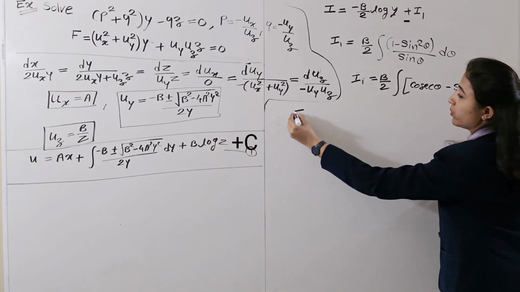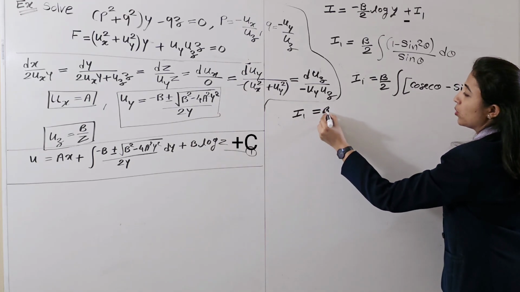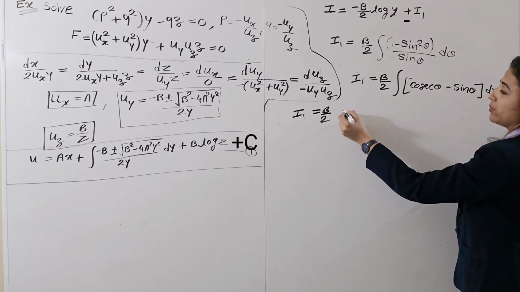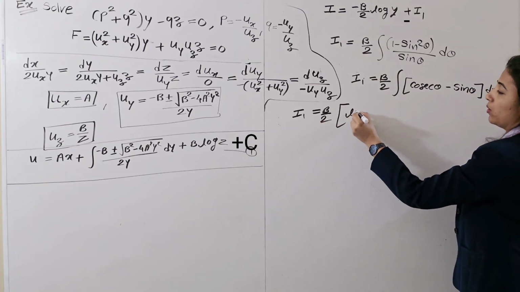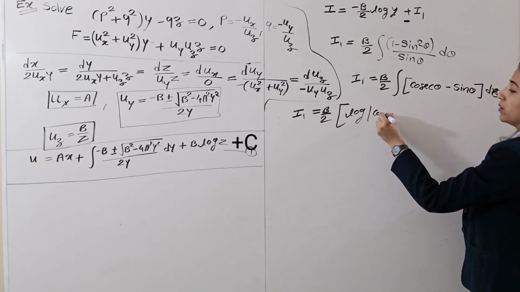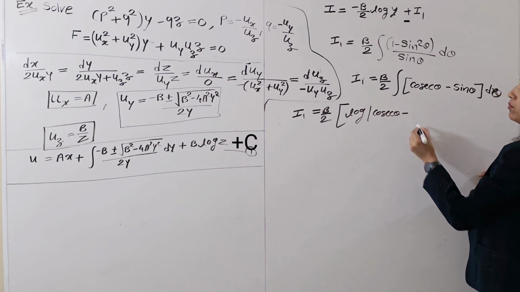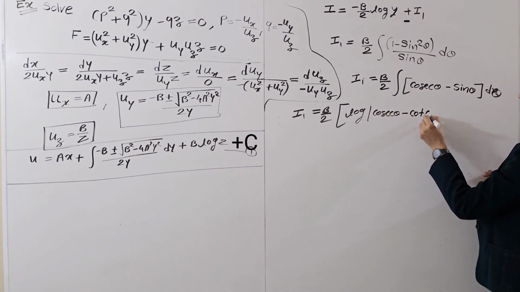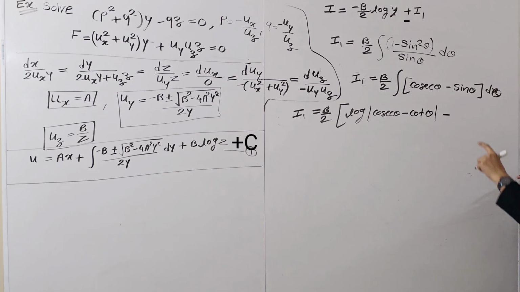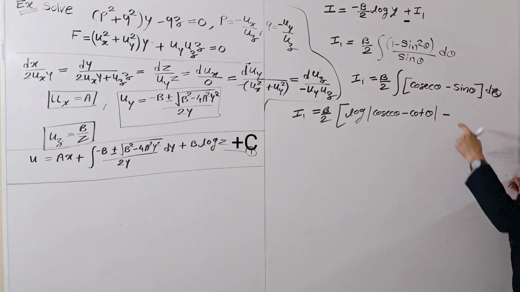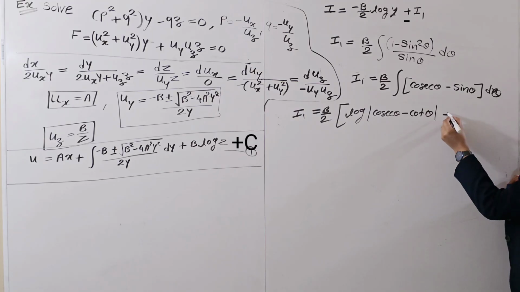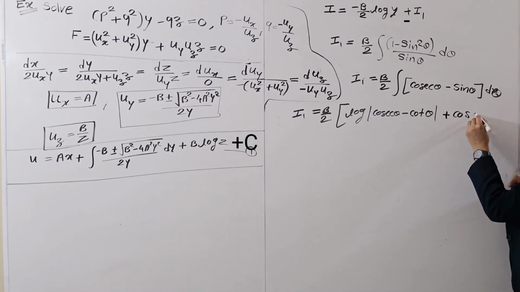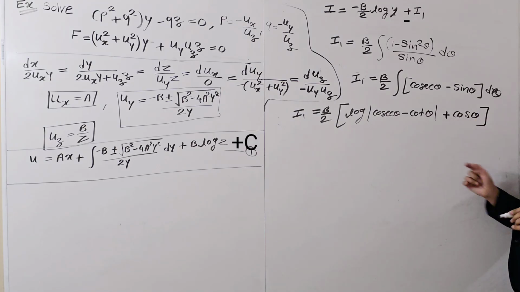Integration of cosec theta is nothing but log of cosec theta minus cot theta, minus integration of sine. Integration of sine is minus cos theta. There is already a minus, so minus of minus gives plus cos theta. This is the integration I1.